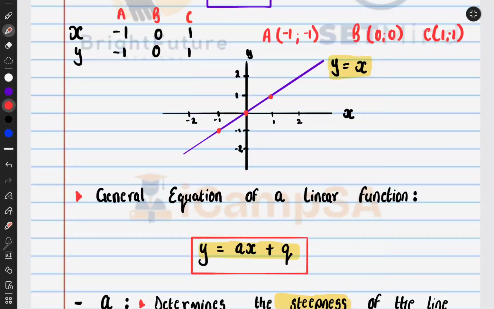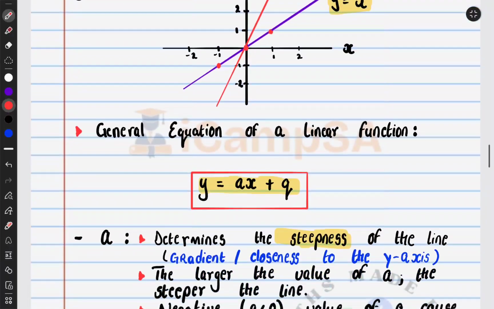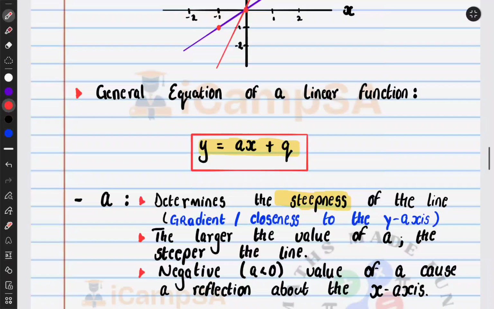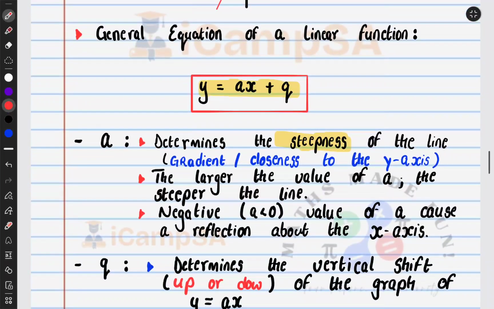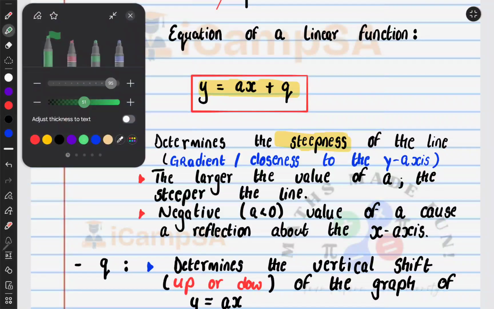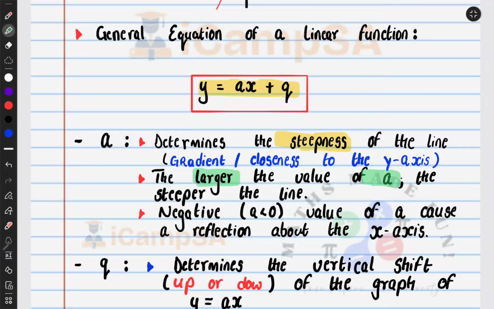What you will see happening is that the function will become closer and closer to the y-axis, or steeper compared to the initial function. So the larger the value of a, the steeper the line.